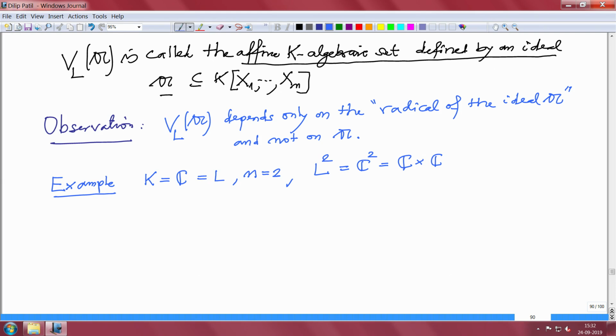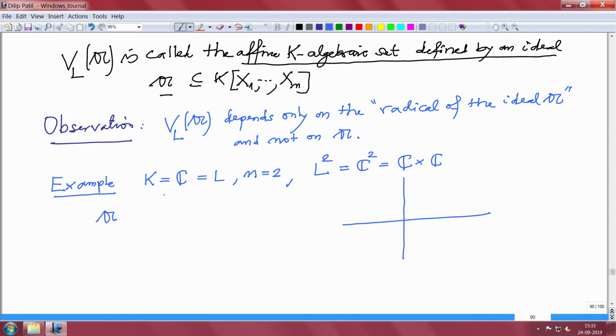So, what convention we follow: when I draw a picture of this, I draw this as C and this as C. This is the x axis for C and the y axis is also for C. So, these are our complex variables, and suppose now I take an ideal A, where the base field is also C and the upper field is also L. So, what is the number of variables?